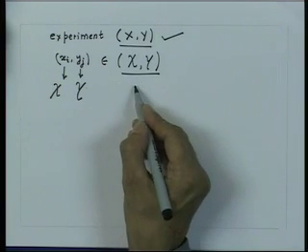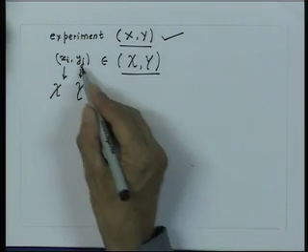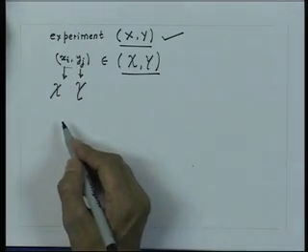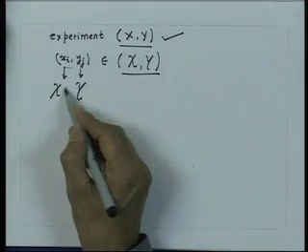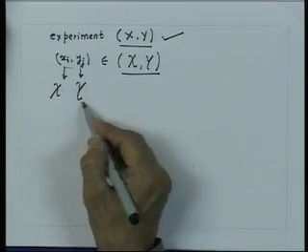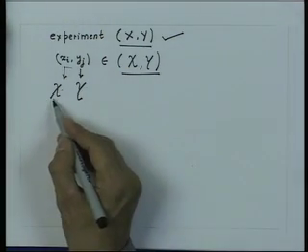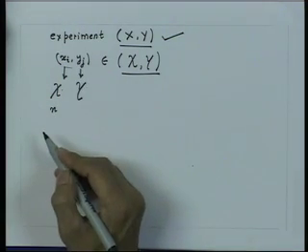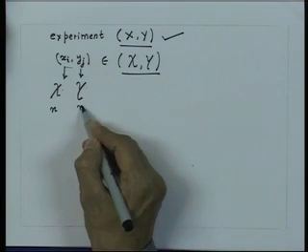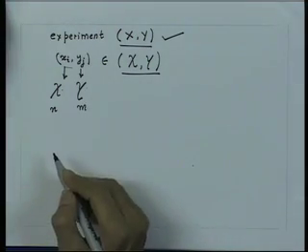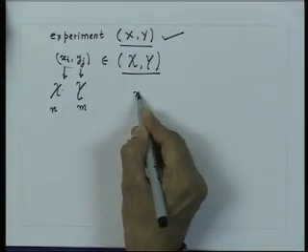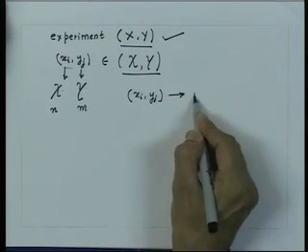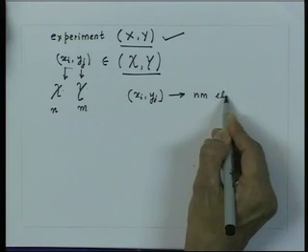Now, the number of events which can occur, given by xi yj, will depend on the size of the sample space x and the sample space y. Let me assume that the size of the sample space x is n elements and the size of the sample space y is m elements. So, totally I will have nm elements.